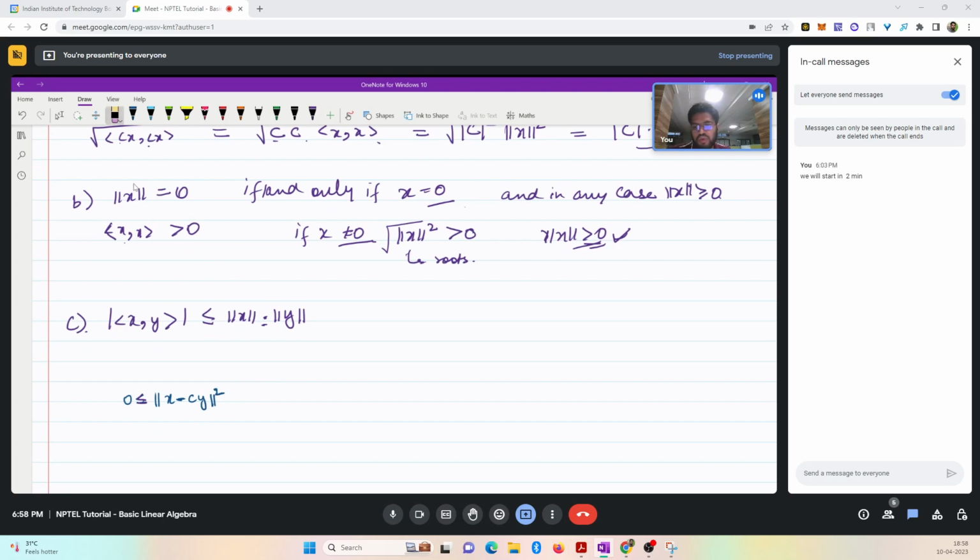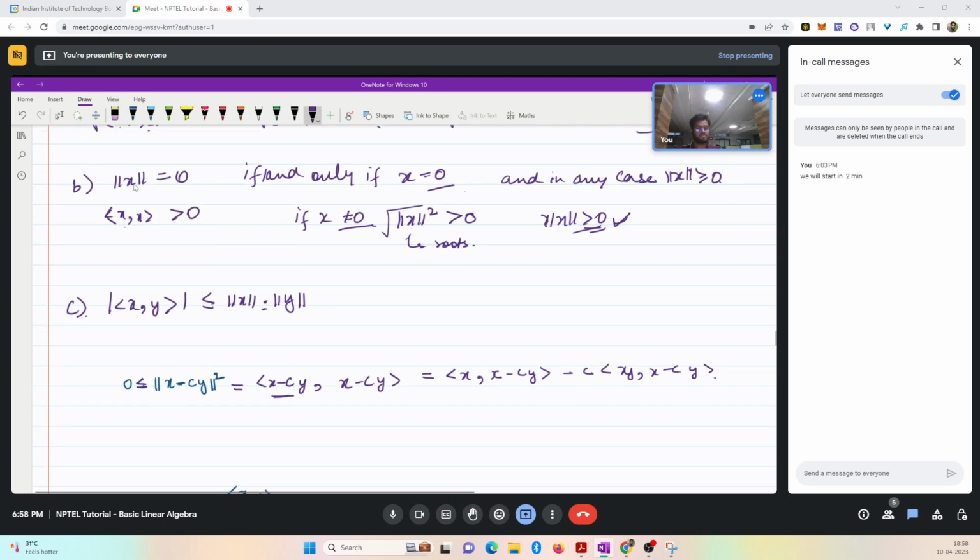Now if you look at this right hand side, this is equal to <x minus cy, x minus cy>, the inner product between these. This is how we define the norm. Now if we break the first one, this is <x, x minus cy> minus c times <y, x minus cy>. We can do this using the property of inner product.